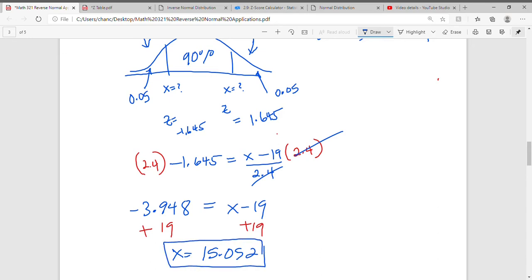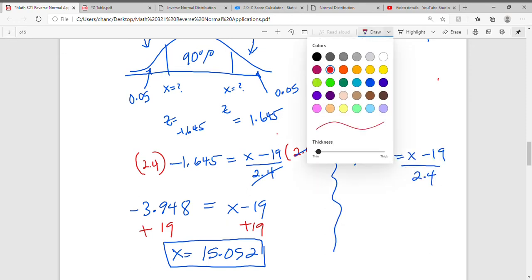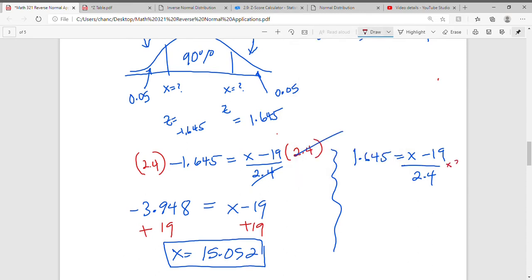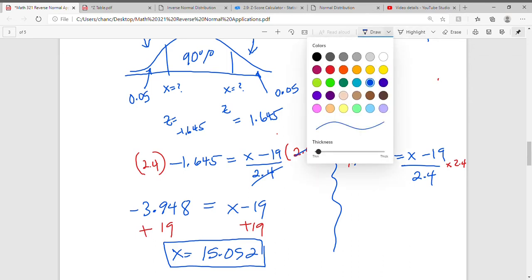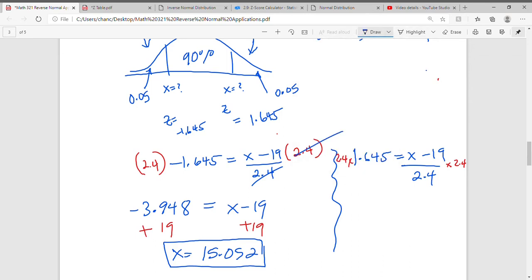We need to do it again, except with positive 1.645. Let's multiply both sides by 2.4. That gives us 3.948 equals x minus 19.